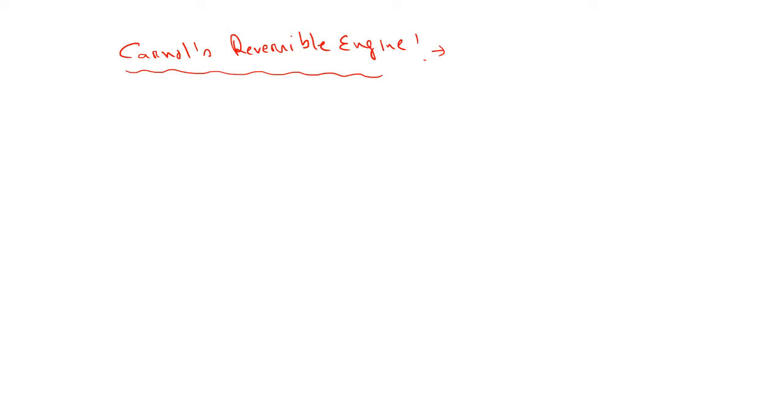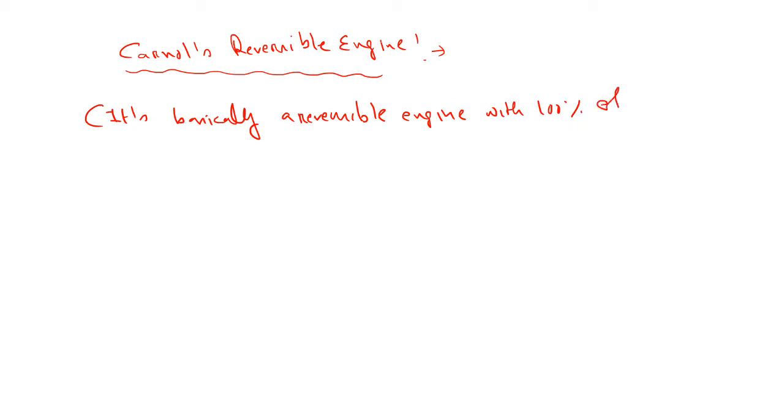So you can write that it is basically a reversible engine with 100% efficiency. In that case there is no loss factor, so basically it is a 100% efficient engine.